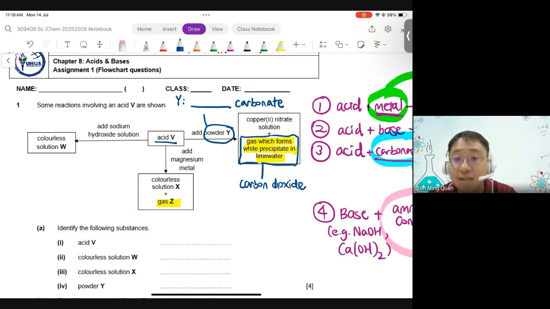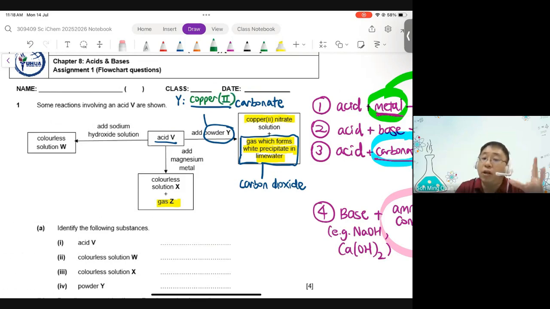Then let's fill in the blank. We notice that it formed copper 2 nitrate. Hence, Y must be a carbonate, and this carbonate should contain copper 2. If not, how do you get the salt copper 2 nitrate? You work backwards. If my salt has copper 2, then my original carbonate must also have copper 2. So Y is copper 2 carbonate.